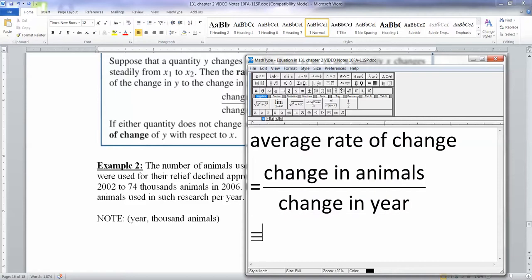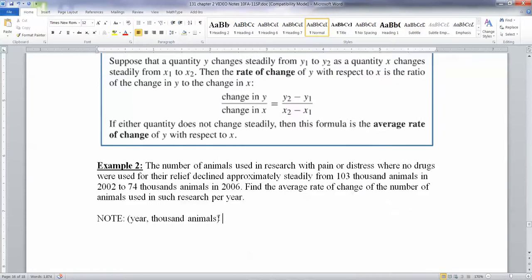Now that's equal to, let's see, how did the animals change? We better write those points down. In 2002, they were 103,000 animals. We just know that it's 1,000 animals. And the other point is, in 2006, it was 74,000.